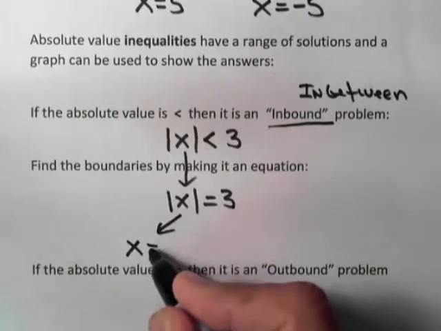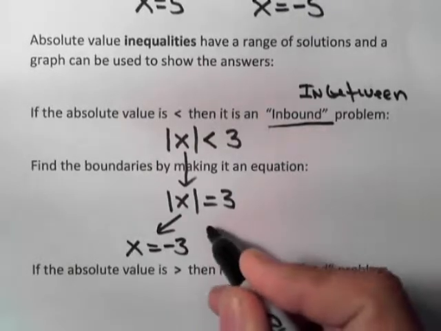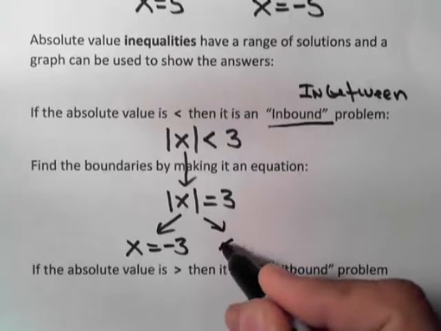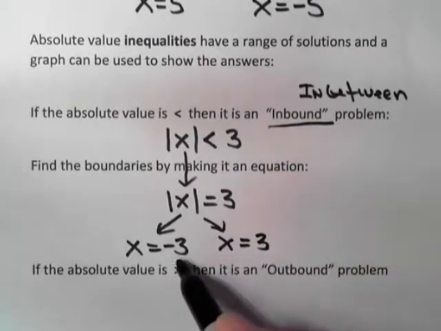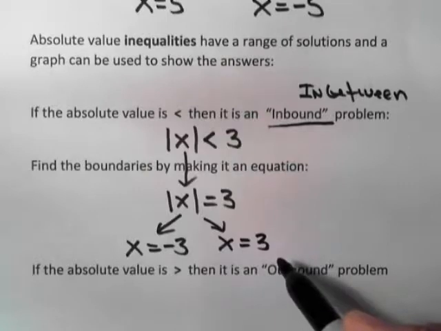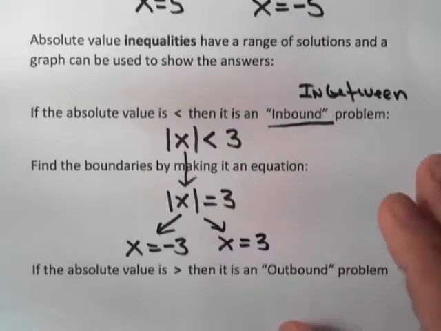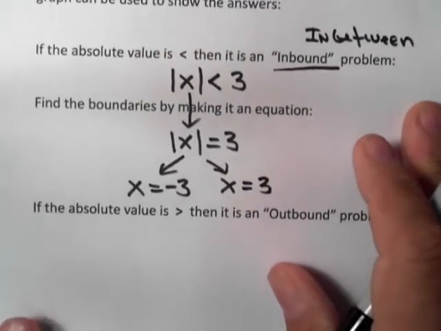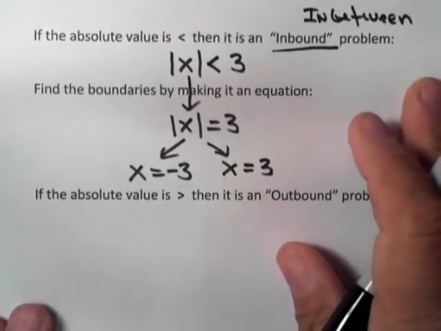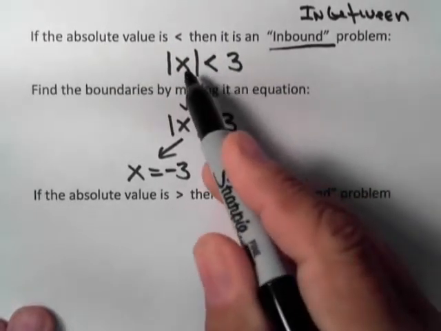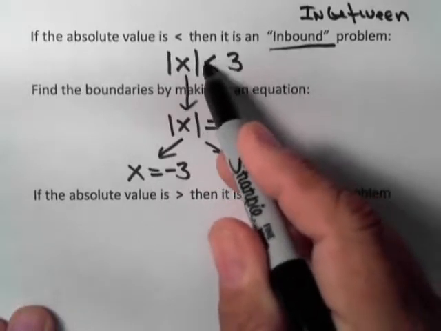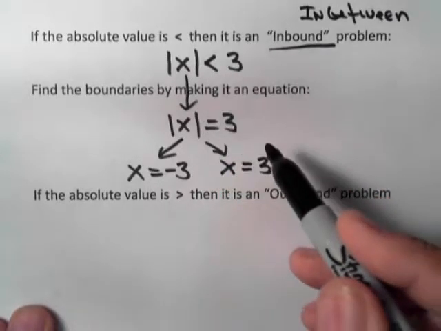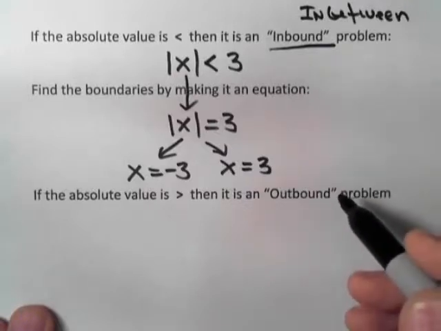So these are the two answers that we get if this was an equation instead of an inequality, and they're going to be the boundaries. When the absolute value is getting smaller than the right side, the V is pointing toward it, then we have one of these inbounds.